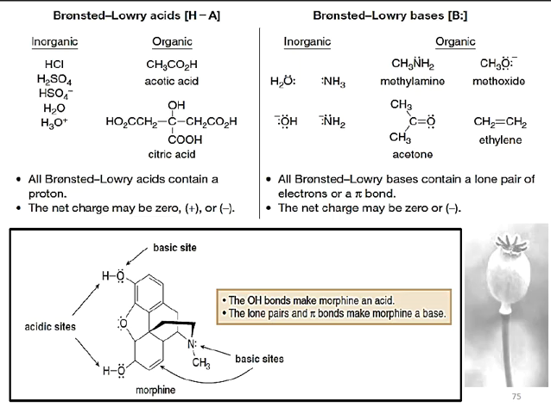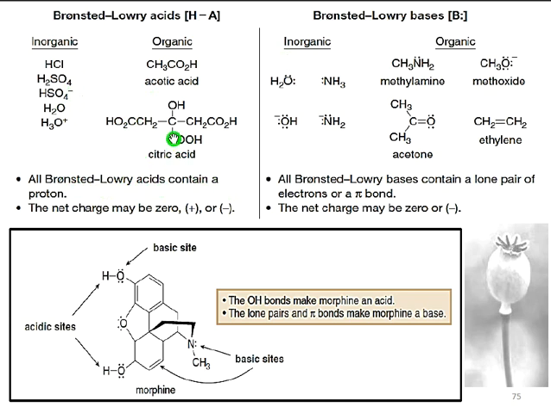And here we will take examples. The Bronsted-Lowry acids, all of these are acids. All of these have hydrogen: HCl, H2SO4, H2O. H2O can also work as an acid or a base. This is an inorganic acid, and for the organic acids, the acetic acid and the citric acid. This is the structure of the citric acid. All Bronsted-Lowry acids contain a proton.